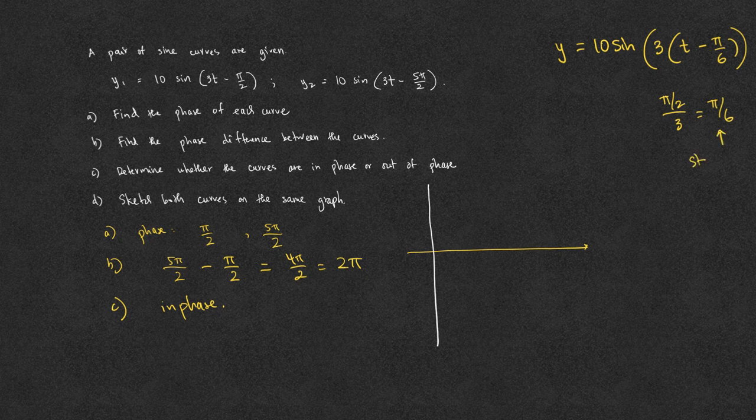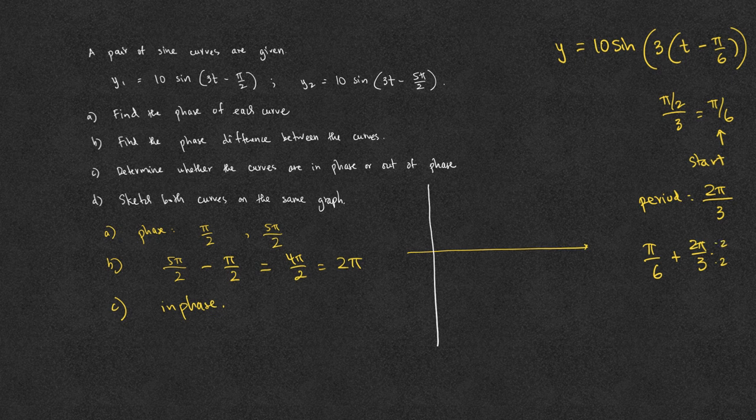Pi over 6 is the start of one cycle. The period is always 2 pi over omega, and so the period is 2 pi over 3. Starting with pi over 6, we would need to add 2 pi over 3 to get the end of the cycle.